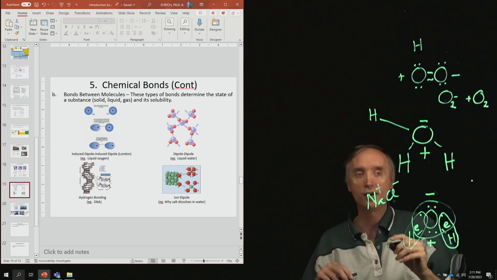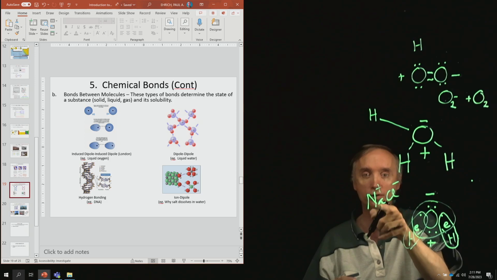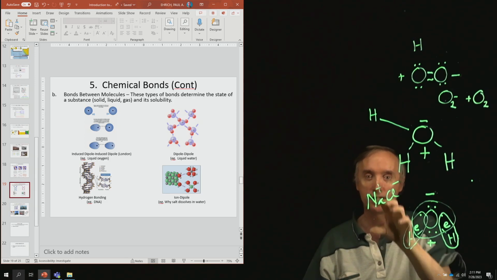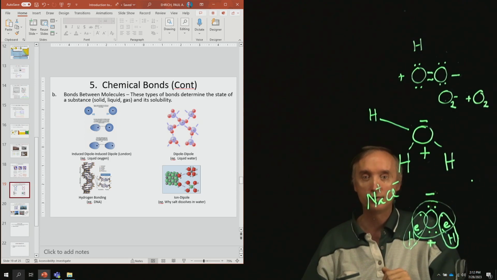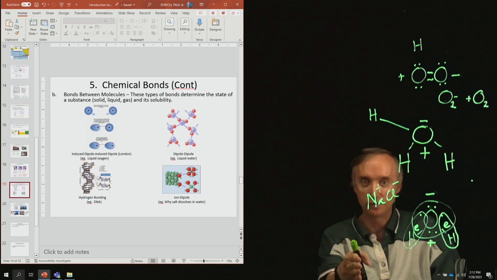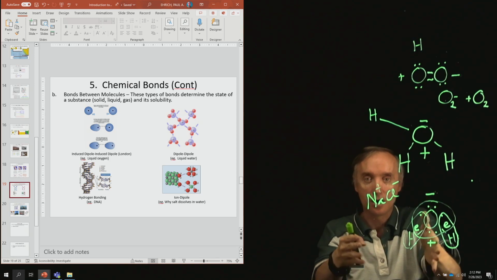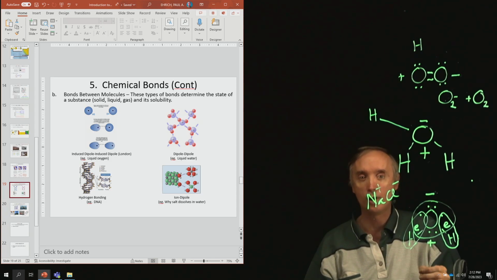And so this is a very, very weak bond, but this is what glues your DNA together. So if you want to take that picture and blow it up so that you can see it a little bit better, you'll notice that what is holding one string of DNA on this side to one string of DNA on this side are hydrogen bonds. Okay, so those are 4 different kinds of ways that molecules can be glued to each other.